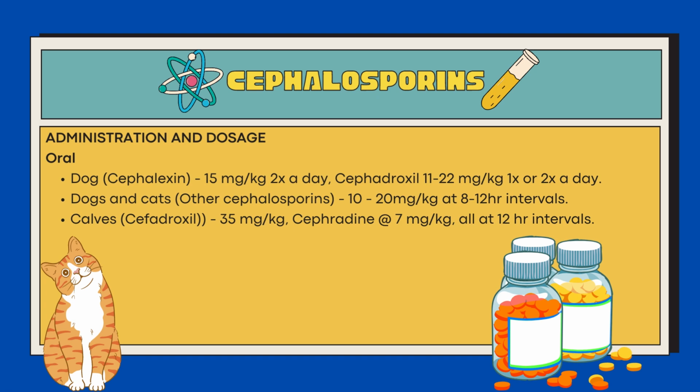For calves, cefadroxil at 35 mg per kilogram, cefaclor at 3.5 mg per kilogram, and cefradine at 7 mg per kilogram at all 12-hour intervals.